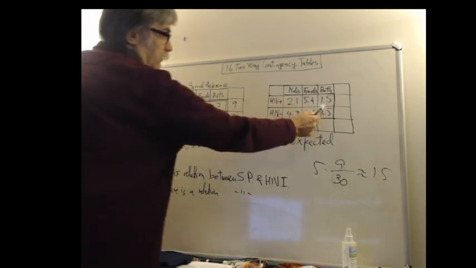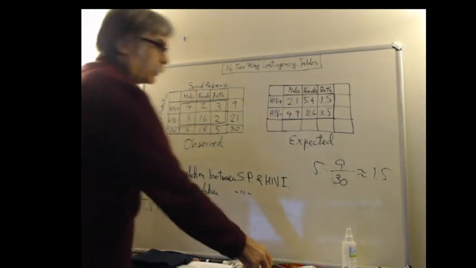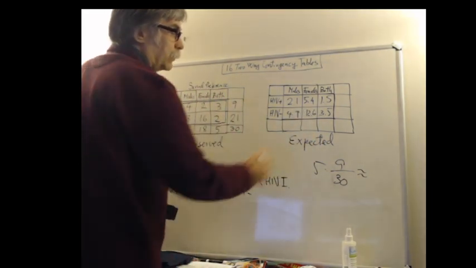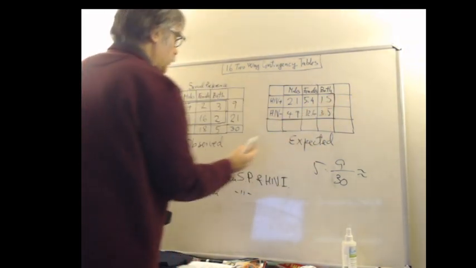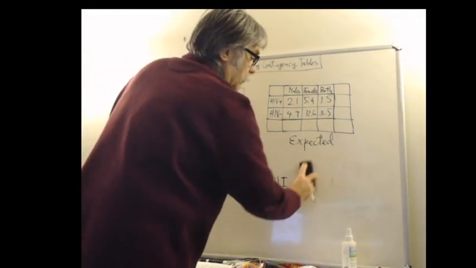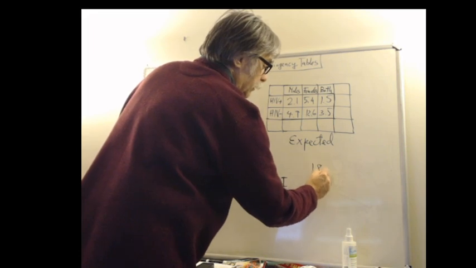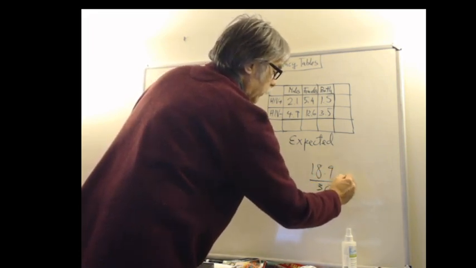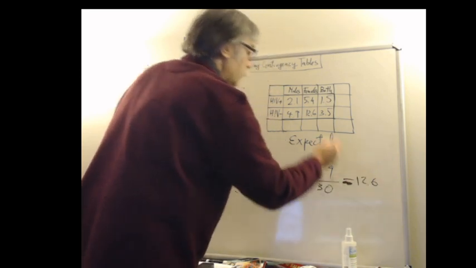That's how you get the expected value here. To get the expected value here, you multiply the marginal value times the marginal value, 18 times 9 divided by 30, which will give you exactly 12.6, and that goes here.